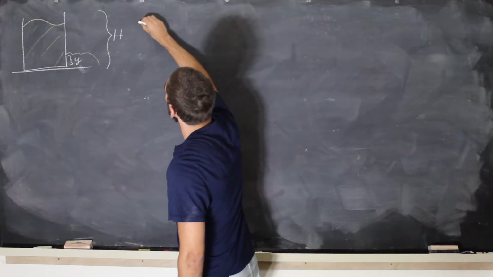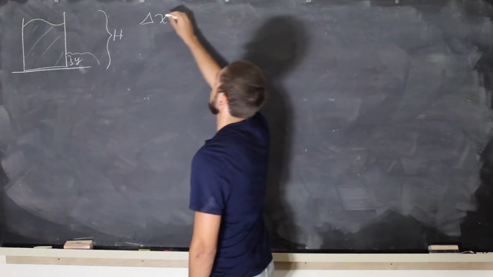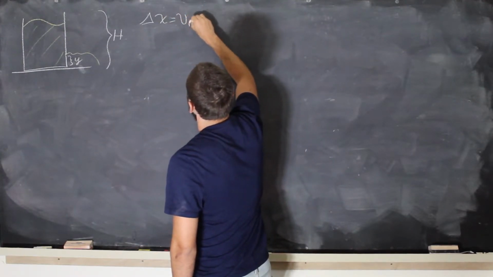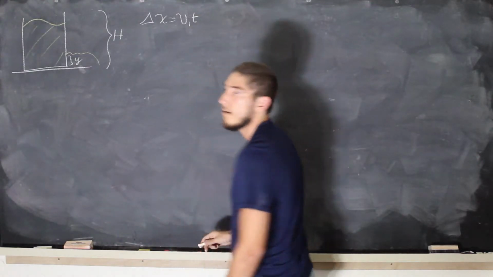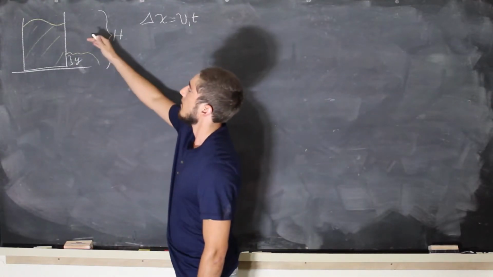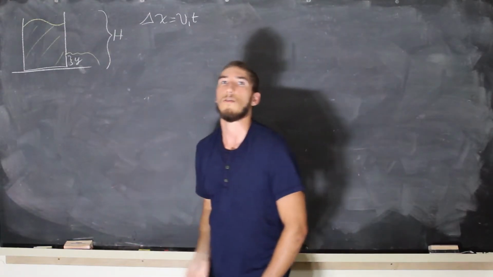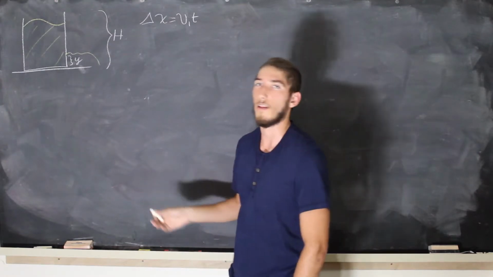So we know that the change in horizontal distance is equal to velocity times time. And we also know that the amount of time that it's going to take for the water to reach the ground must be solved using kinematics in the y dimension.